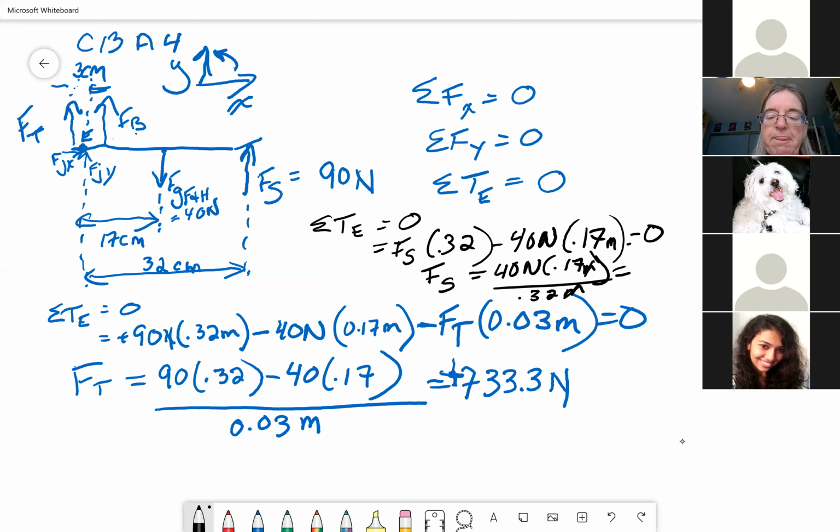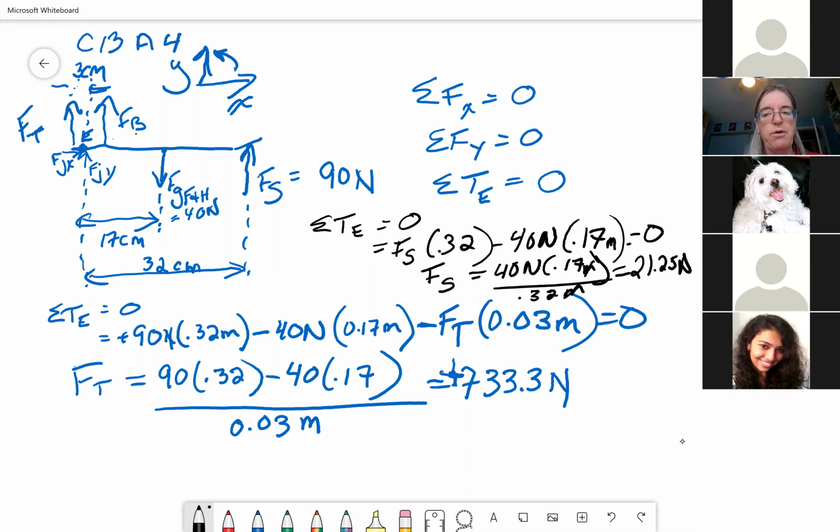Anybody? 21.25 newtons. 21.25 newtons. And again, this is not in the book. This is just me playing with the question so that I understand the role of biceps and triceps in this particular situation.